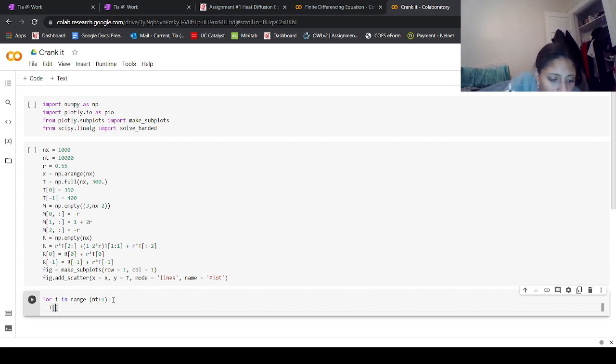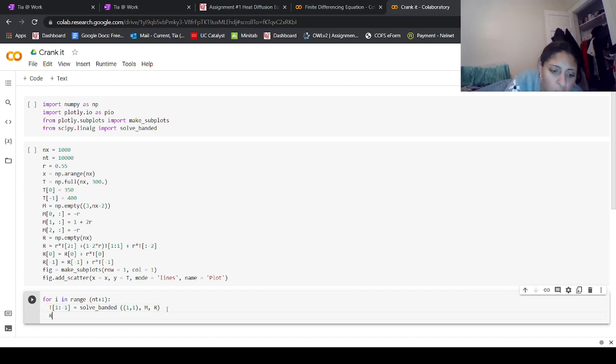Okay, so for our t, we're going to have 1. Oh wait, no, we wanted -1. Move backwards. We'll solve underscore banded. Yeah, and then we're going to 1, 1, and then we want m and r. M, comma, r. Is that all the parentheses I need? Yes. Okay, so then we say r, because we want the right side of the equation.